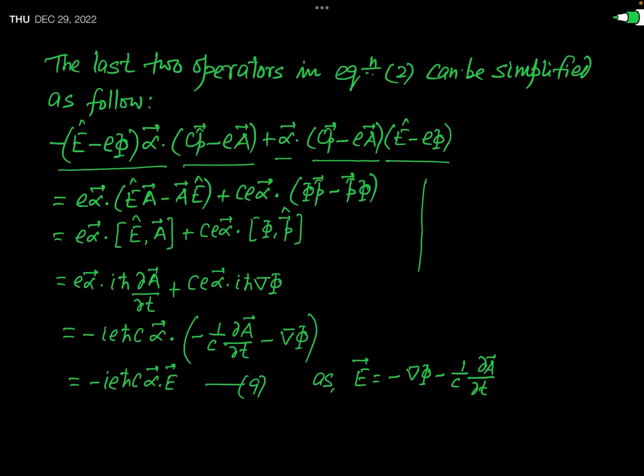You can see when you take the product, minus e alpha dot (Cp minus eA), and in the second term you can see this is plus e alpha dot (Cp minus eA).